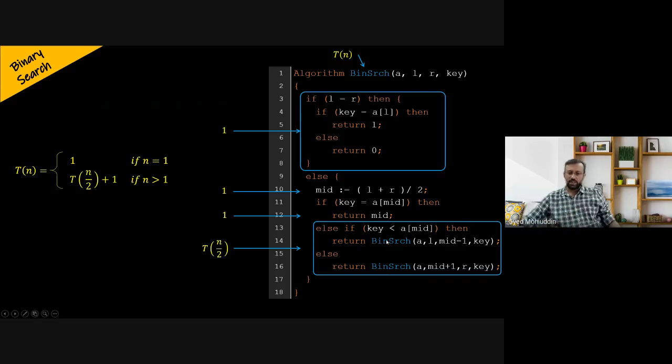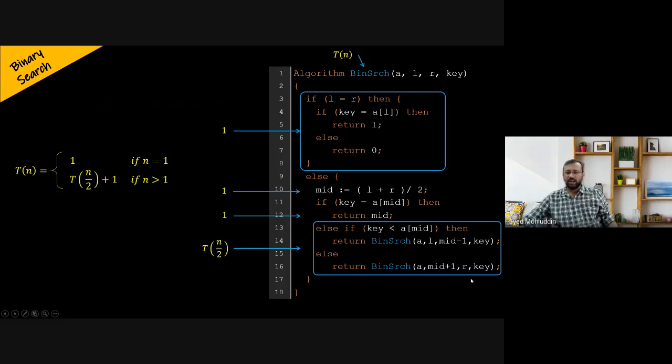So the return statement at line 14 is not going to take t of n by 2, and the return of bin search at line 16 is not going to take t of n by 2 as well. If that happened, it would be 2 t of n by 2. But no, this is a conditional statement, else if, else. Either one of them will be called, not both at a time. Next time it is called, again either one of them will be called, not both.